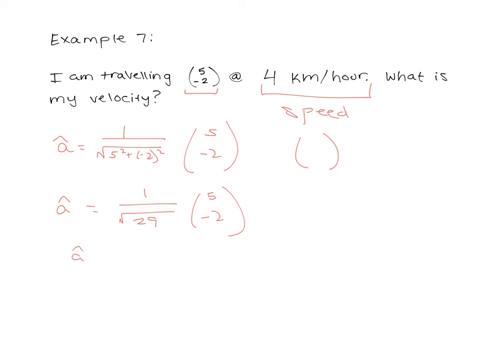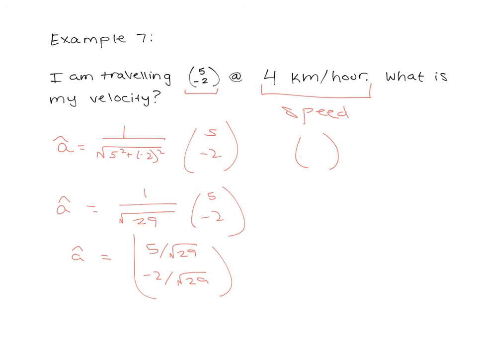So our unit vector is 5 over square root of 29, negative 2 over square root of 29. So this is a vector that is parallel to the direction we're going, 5, negative 2, but is only going 1 kilometer per hour right now, because it is a unit vector, it has a magnitude of 1.